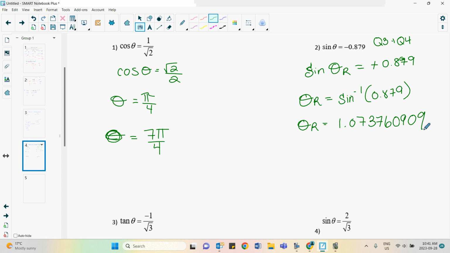What are the rules in radians for quadrant 3? Theta is equal to pi plus reference angle. And notice I haven't rounded.